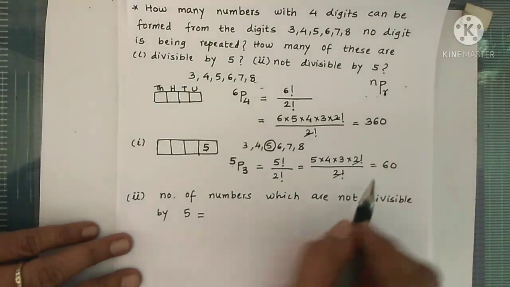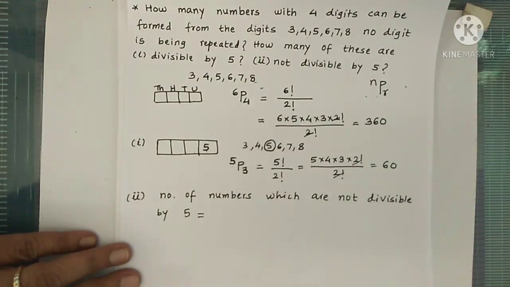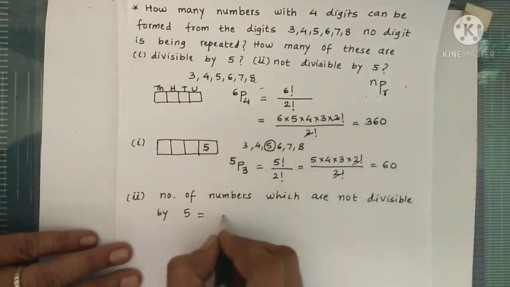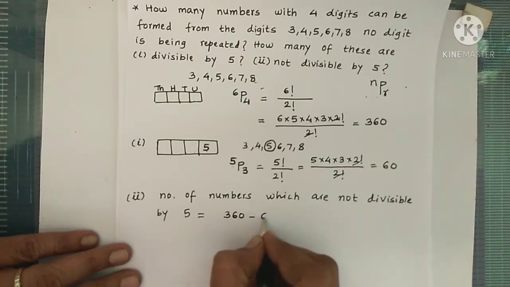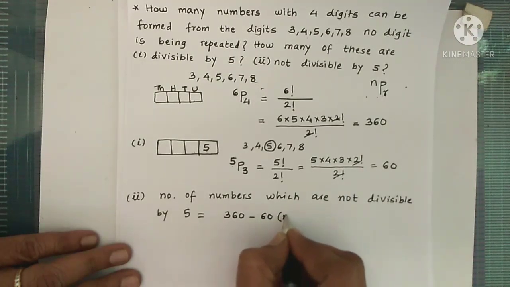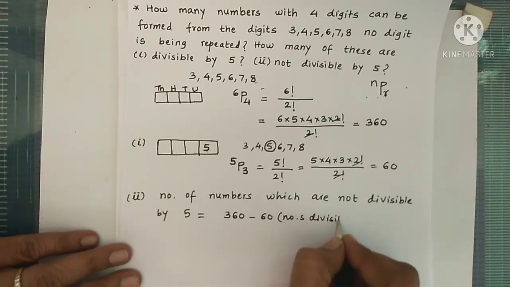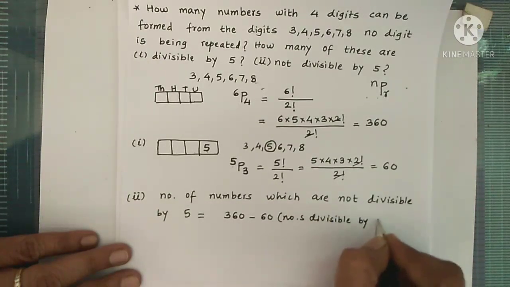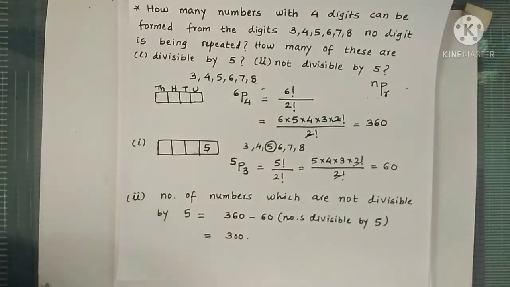Out of these 360 numbers, 60 are divisible by 5. That means the remaining numbers are not divisible by 5. So total we have 360 numbers. Among these 360 numbers, 60 numbers are divisible by 5. So the numbers which are not divisible by 5 are 300. So 300 numbers are not divisible by 5.